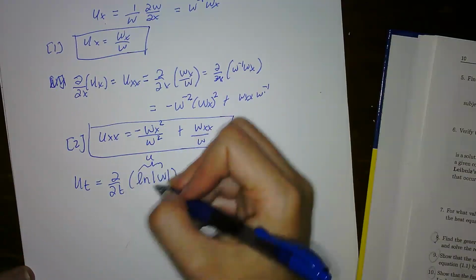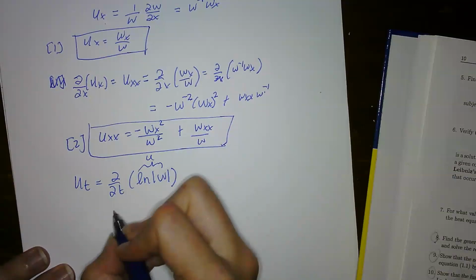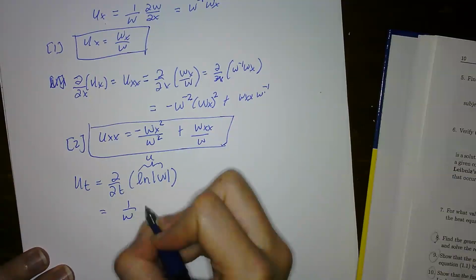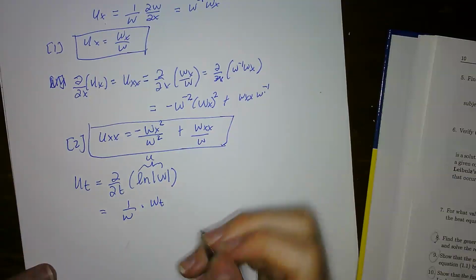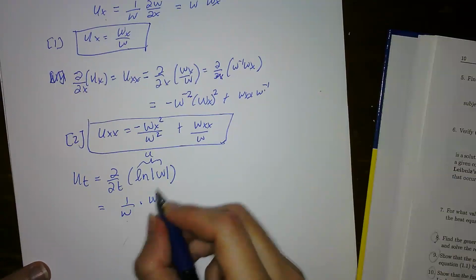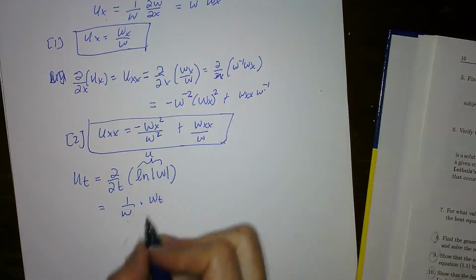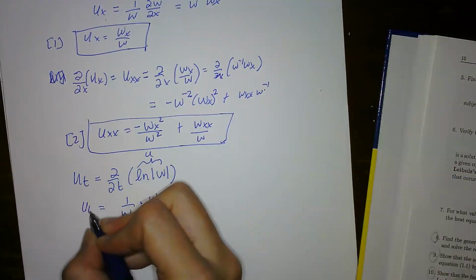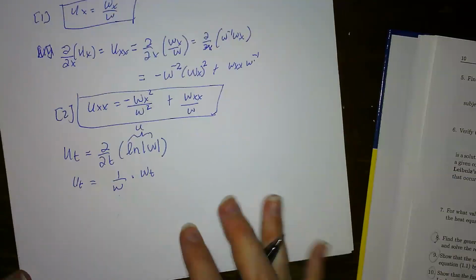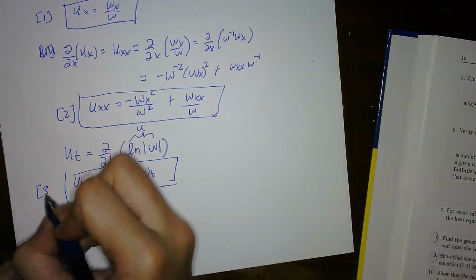So partial of partial t is then just 1 over w times partial w of partial t, right? Because the derivative of the ln is 1 over w, and then the derivative of that with respect to t would be partial w of partial t, so that's u sub t. Okay, so now we have this guy. That's the third equation that we needed.